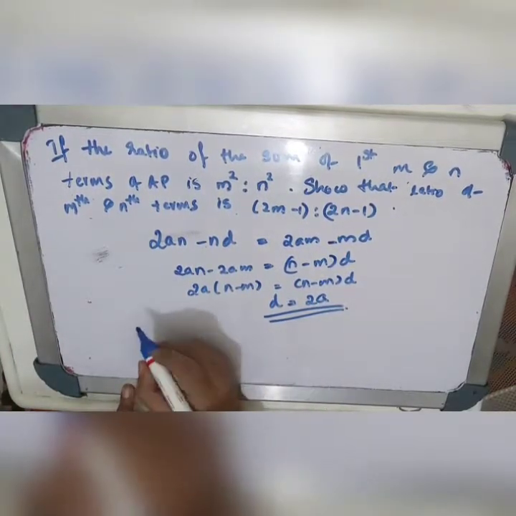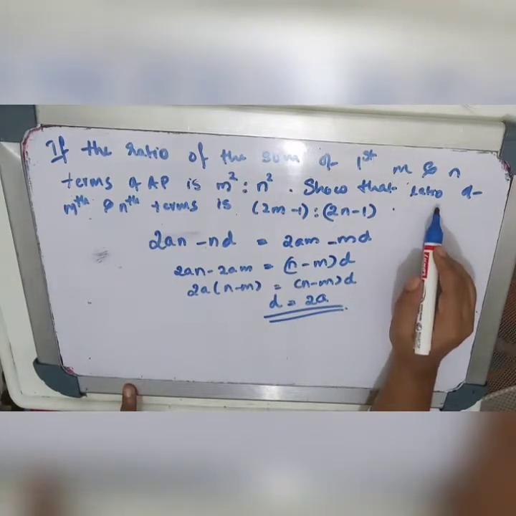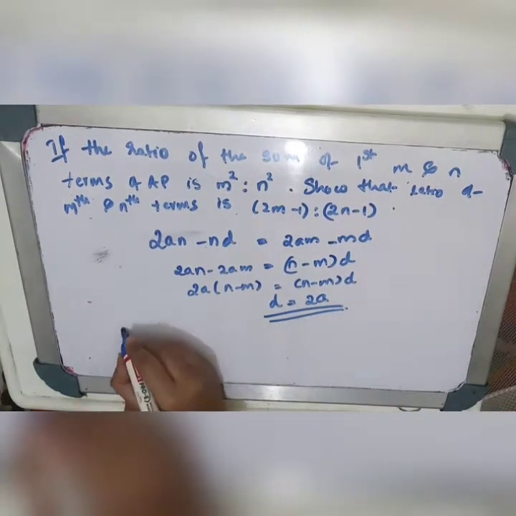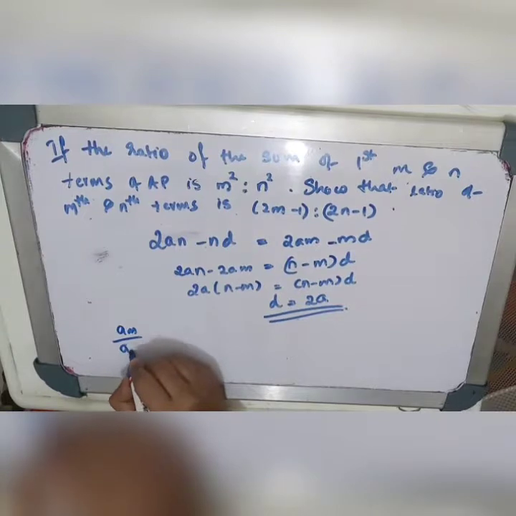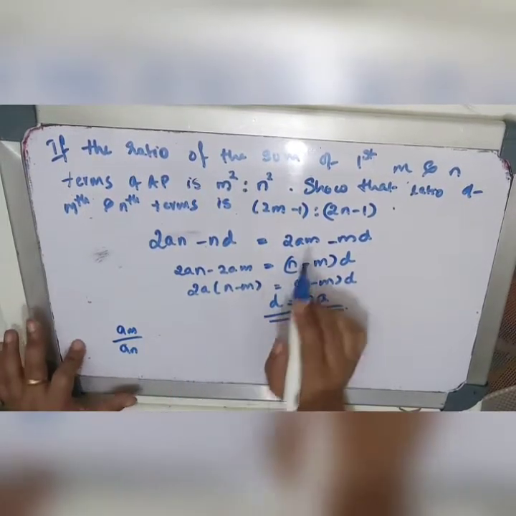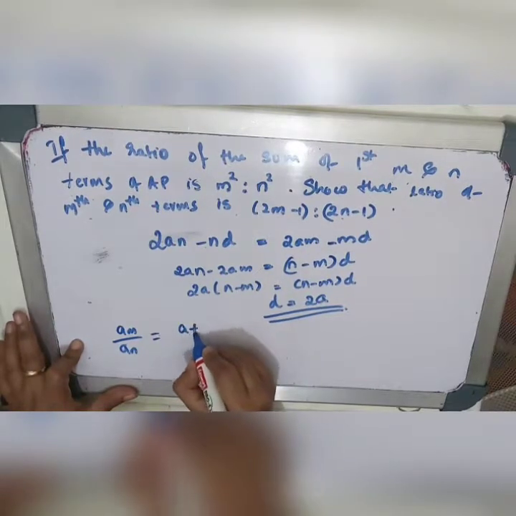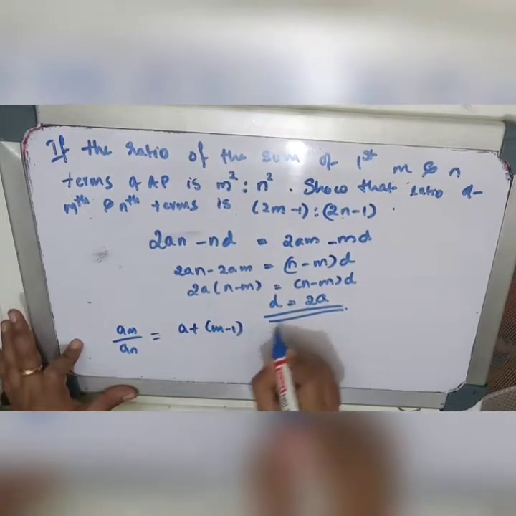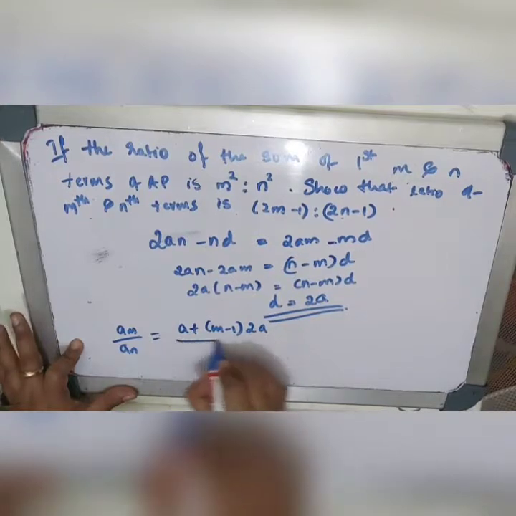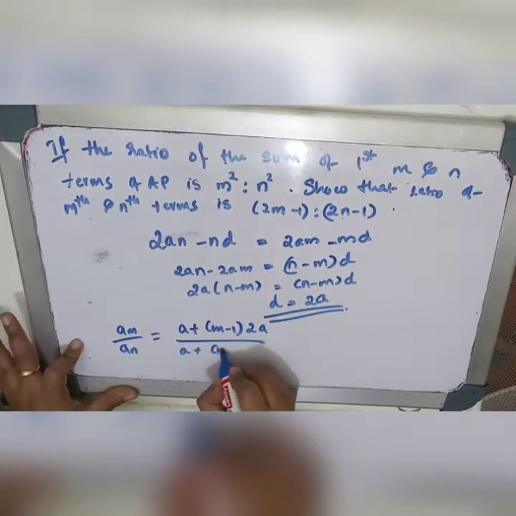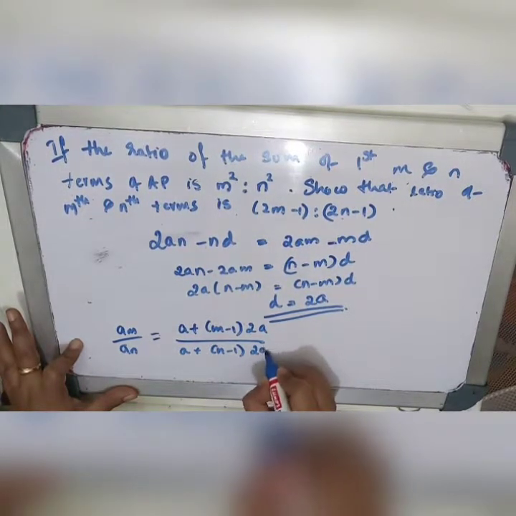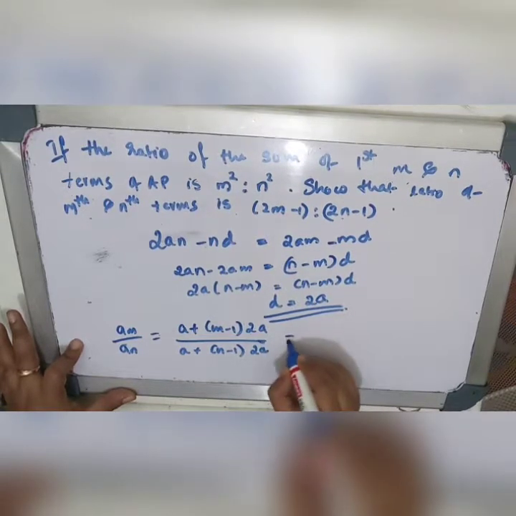Now let's express the ratio of mth and nth term, am by an. This is the ratio that we have to prove. So let's substitute a plus m minus 1 into d, d is 2a, by a plus n minus 1 into d, that is 2a.